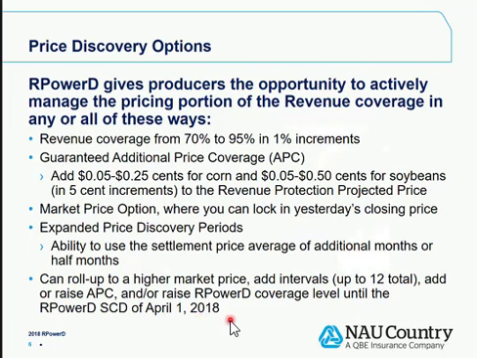You'll be able to start buying the RPowerD product on the 2019 crop year. That adds up to 14 months that are actually available to do some pricing, to, in effect, try to achieve a better price than you might under the projected price, which is just that February average of the December contract on corn, the February average of the November contract on soybeans.